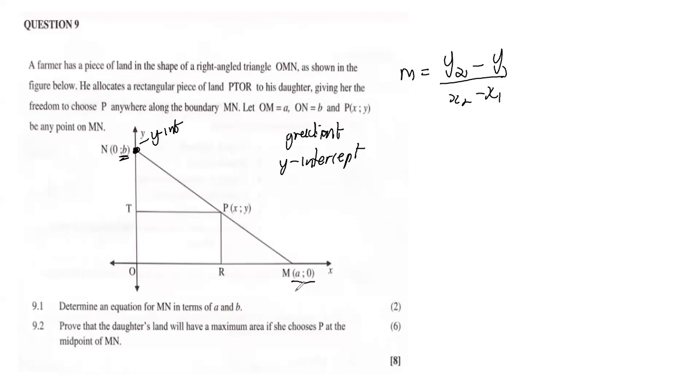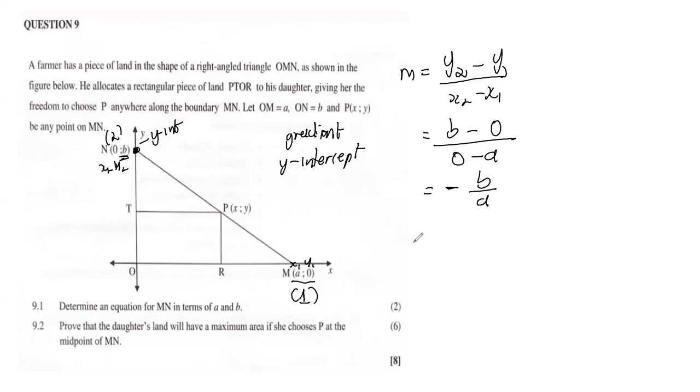Then, if this is the first coordinate and these ones are the second coordinate, here we have our x1 and y1, and here we have our x2 and y2. So this is how we would have it. We would have (b minus 0) over (0 minus a), which would give us positive b over negative a, so this would be negative b over a. So our gradient would be represented by negative b over a.